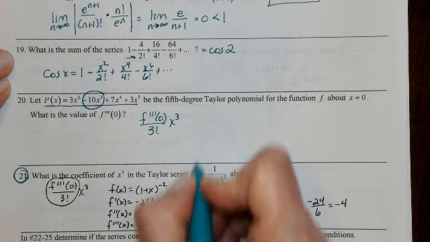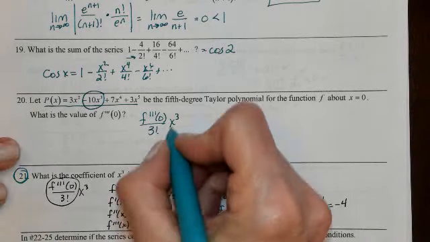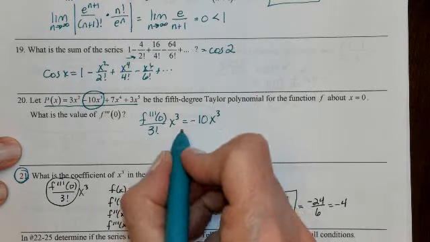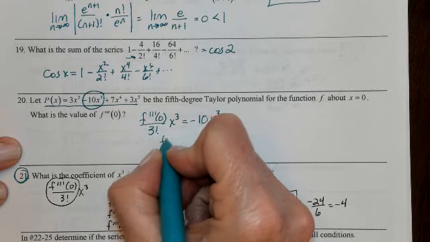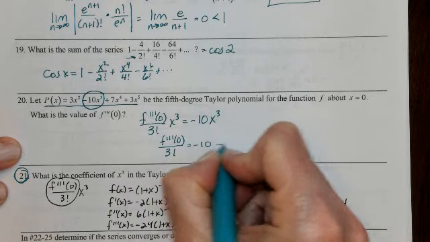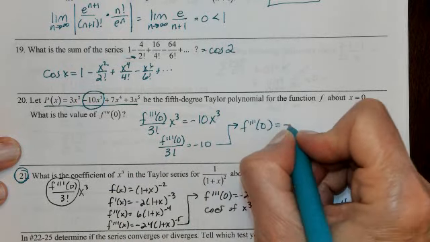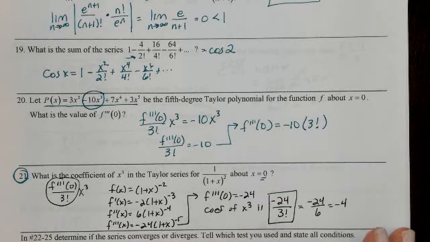Well, we know that this is equal to negative 10x cubed, so the coefficients have to be equal. So I'm going to set those coefficients equal. So the third derivative at 0 must be negative 10 times 3 factorial, which is negative 60.